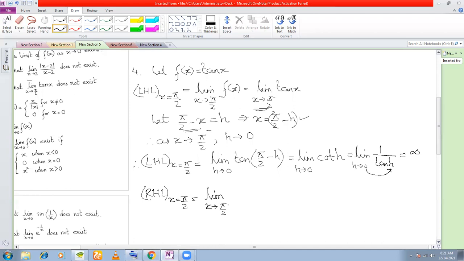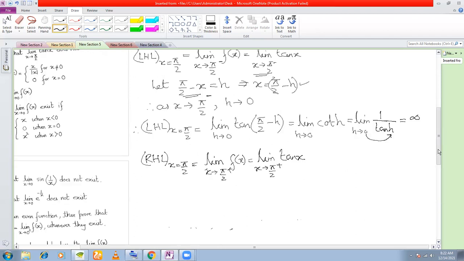Limit x tends to pi by 2 plus of f(x) is equal to limit x tends to pi by 2 plus of tan x. Okay. In order to evaluate the right hand limit, what we do? We put x minus pi by 2 is equal to h. That means we get x is equal to pi by 2 plus h. Therefore, as x tends to pi by 2 plus, we have h tends to 0.